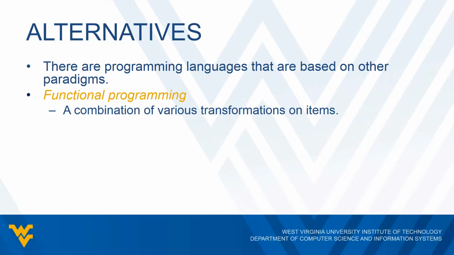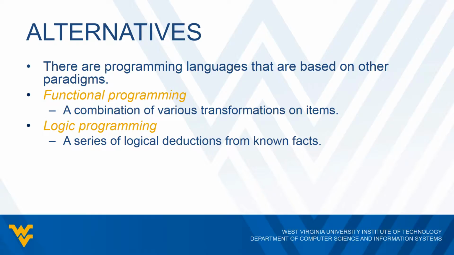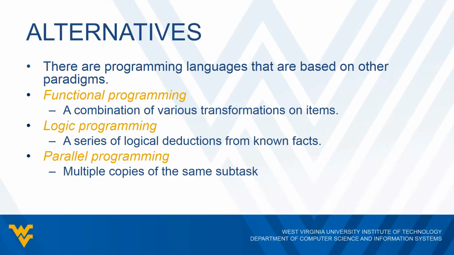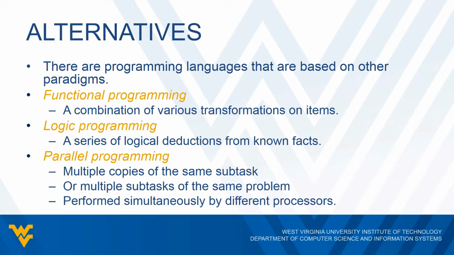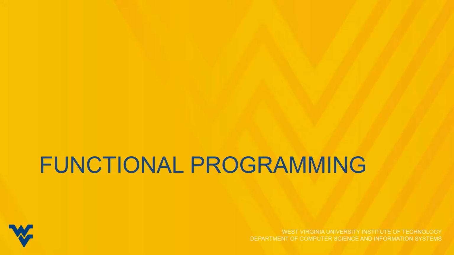We're going to be looking at logic programming, and this is going to consist of a series of logical deductions from known facts. And then we're going to look at parallel programming, which means that we can have multiple copies of the same subtask, or we can have multiple subtasks of the same problem. But the key thing here is that these tasks would be performed simultaneously by different processors. We'll start by taking a look at functional programming.